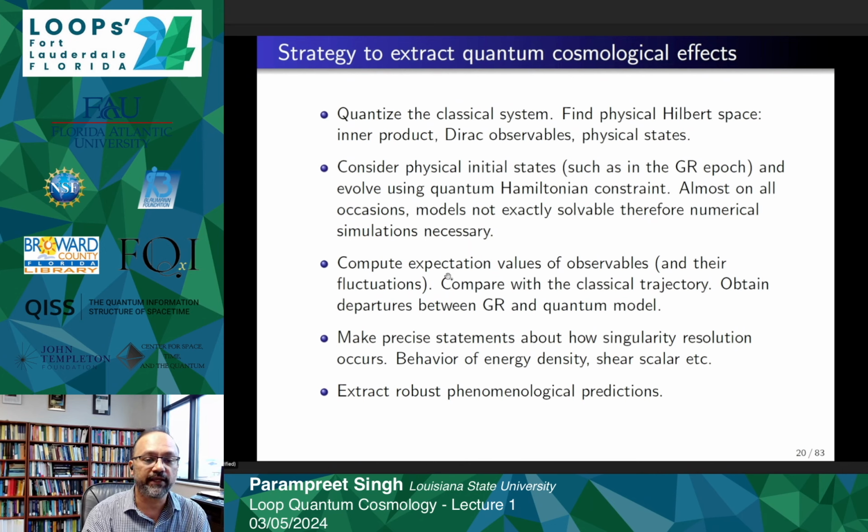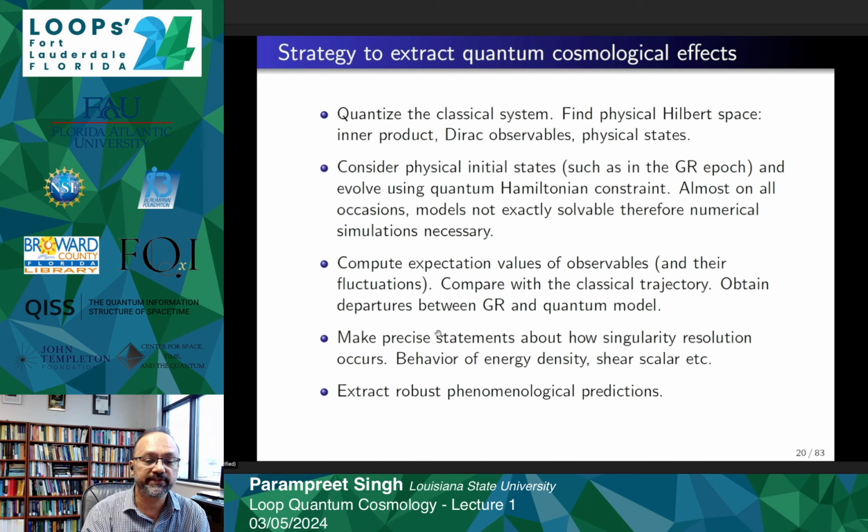Once you have evolved the states, we have to compute the expectation values of observables and their fluctuations. Then you can compare with the classical trajectory, and you can obtain the departures between GR and your quantum model. This is for LQC, but you can have your own favorite quantization of a quantum cosmological model, and then you can understand the same things.